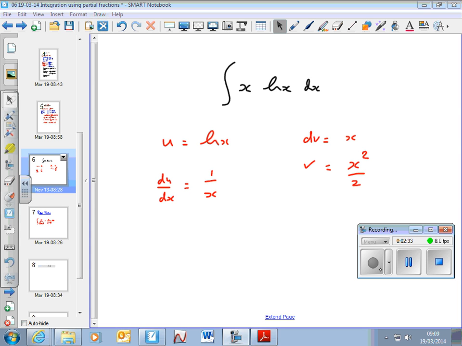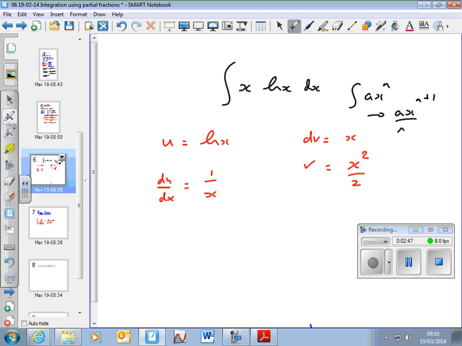For v, the standard integral I'm using is the integral of ax to the n goes to ax to the n plus 1 over n plus 1. So I'm just adding 1 to the power of x, which gives me x squared, and then dividing by the new power, gives me x squared over 2.